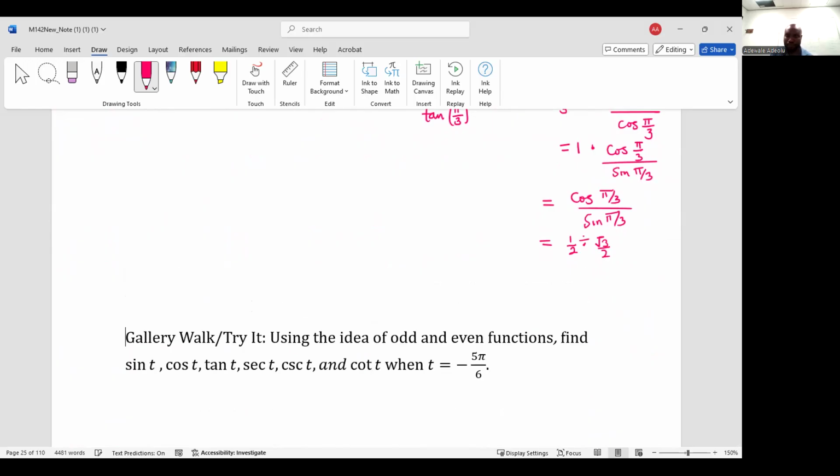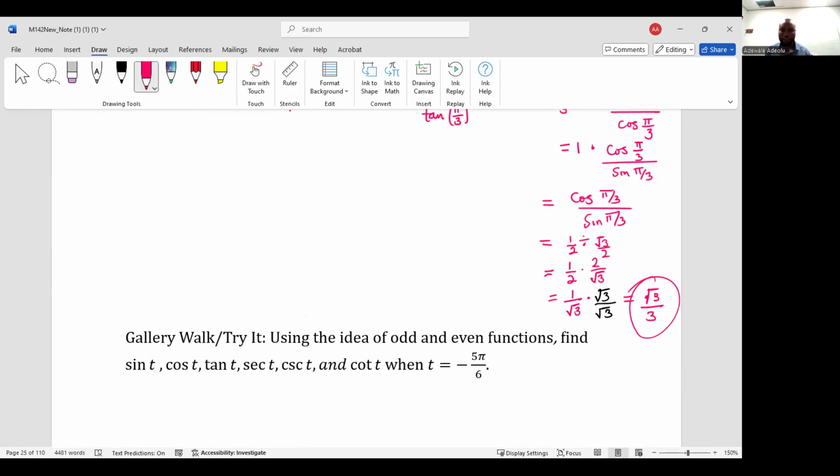Finally, we have 1/2 times 2 over root 3, which is 1 over root 3. We need to rationalize that, so times root 3 over root 3. And finally, we have that our answer is root 3 over 3.